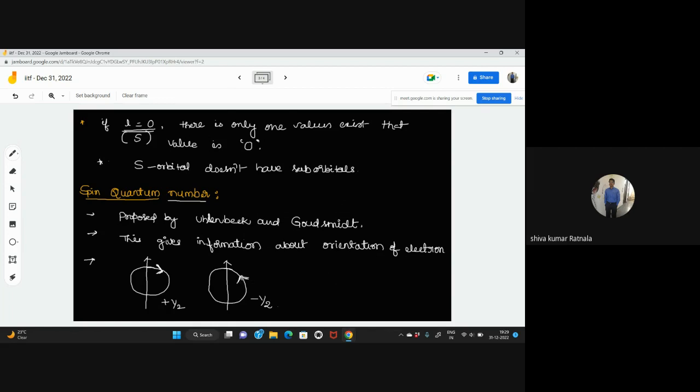For example, if in a particular circle there are two persons, they can revolve in opposite directions only. If they revolve in the same direction, collisions can take place. In the same way, if electrons rotate clockwise and anti-clockwise, there is no chance of collisions, so the stability of electrons will be more, because repulsions will be minimum.